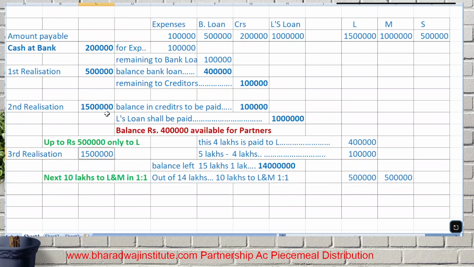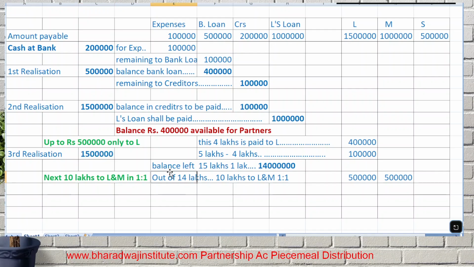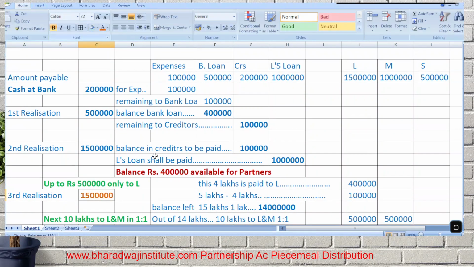Third realization was how much? 15 lakhs. How much was paid? 1 lakh was paid here. Balance left? 14 lakhs left.